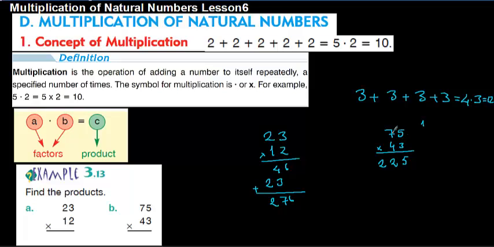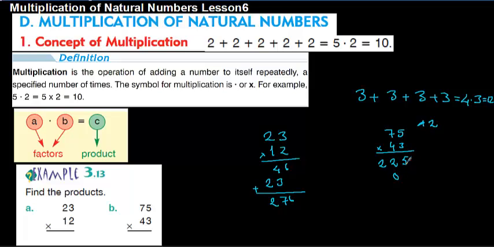We can say also like this, all the digits of the second factor are going to multiply with the first factor. So 4 times 5 is equal to 20, 2 is written here, 0 here.